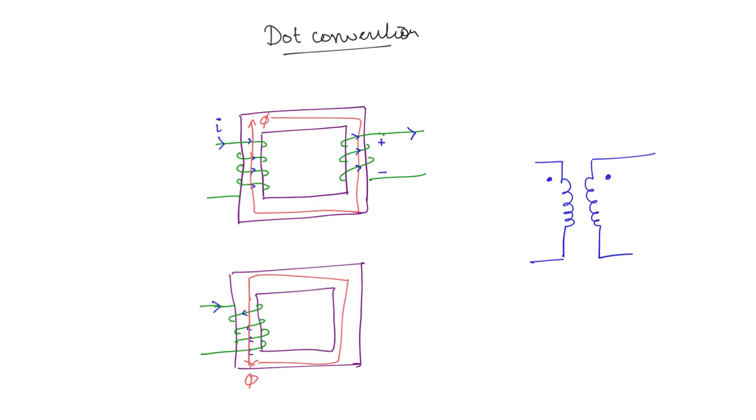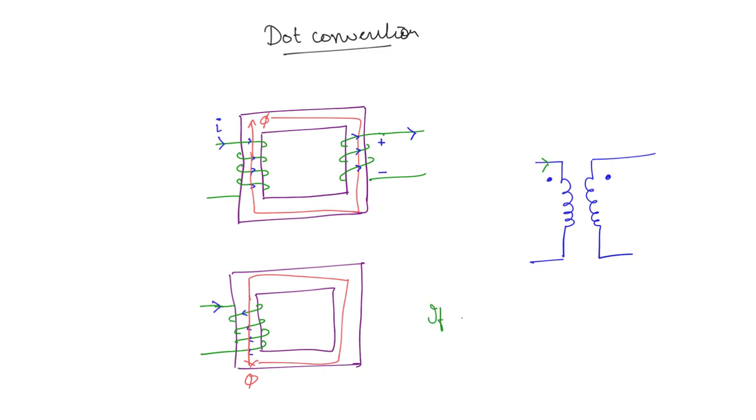Let us say this is the dot convention for this transformer. What this means is, if the current is entering the dotted terminal, then the polarity on the secondary winding's dotted terminal is going to be positive. But if the current is leaving the dotted terminal, then the dotted terminal of the secondary will have negative polarity.